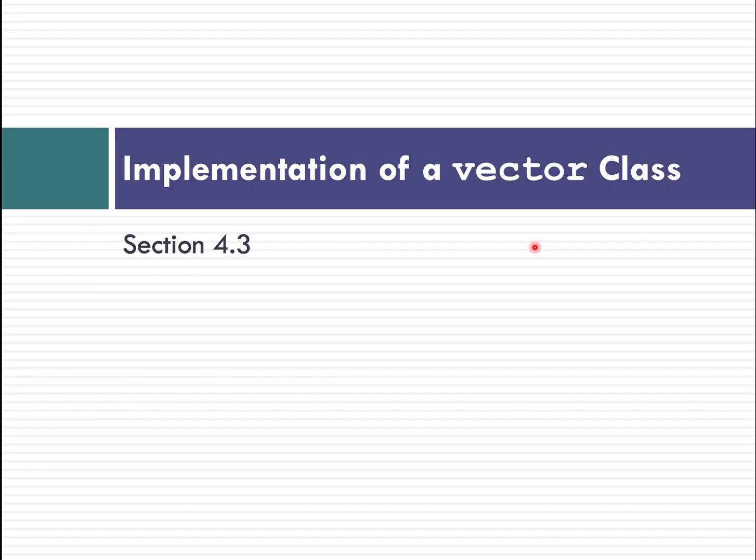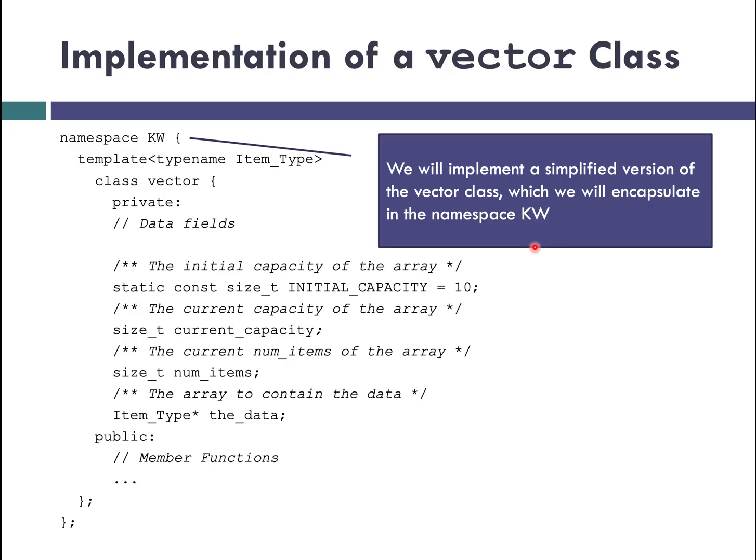Now the most important thing is, how do we actually implement a vector class? The reason we're going into this is to talk about what underlies the specification of a vector class, which we just showed you how to use, which is how it's actually implemented. So let's take a look.